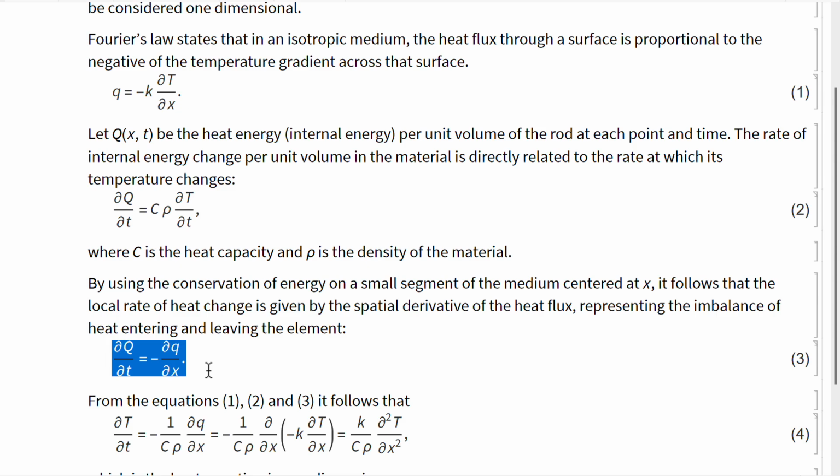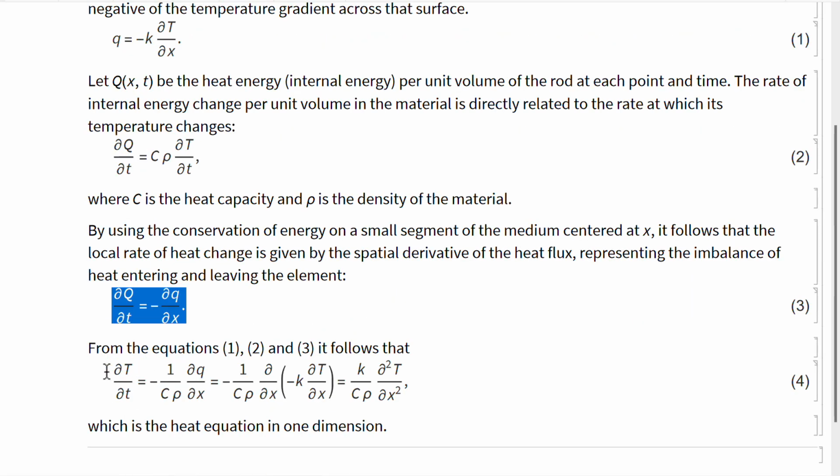From equations 1, 2, and 3, it follows that the first order partial derivative of temperature with respect to time is equal to k over C rho multiplied by the second order partial derivative of temperature with respect to x, which is the heat equation in one dimension.